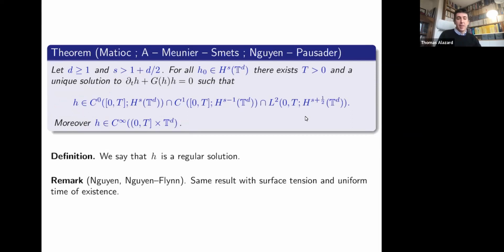You can extend this result in many directions, and for example, it was extended by Kengi Nguyen and Patrick Flynn to study the same problem with surface tension, and they derived a uniform time of existence with respect to the surface tension coefficient.